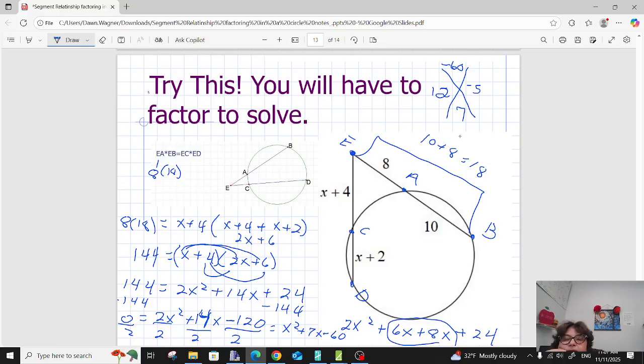And so that would be x plus 12, x minus 5. When you set it equal to 0 and solve, you get x equals negative 12. You get x equals 5. Could I use that negative 12 though? No. So x is equal to what? 5.